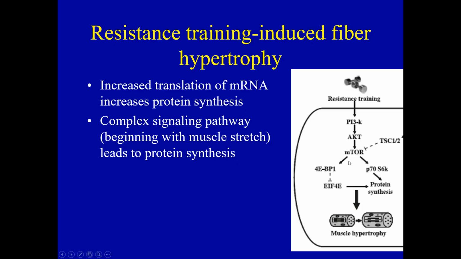It's commonly just known as the mTOR pathway, because this molecule mTOR is key at regulating protein synthesis. You can see how complex this actually gets with all these signaling molecules, but the bottom line is this mTOR pathway leads to improved protein synthesis, which is going to lead to increased muscle hypertrophy.